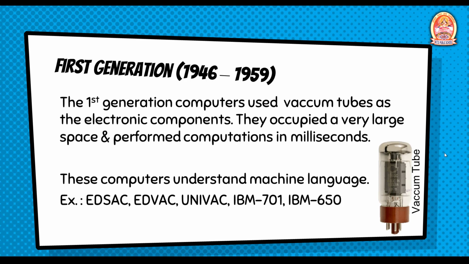EDSAC, EDVAC, UNIVAC, IBM 701, etc. are some of the names of first generation computers. Major drawback of these computers was they produced lots of heat because of vacuum tubes.